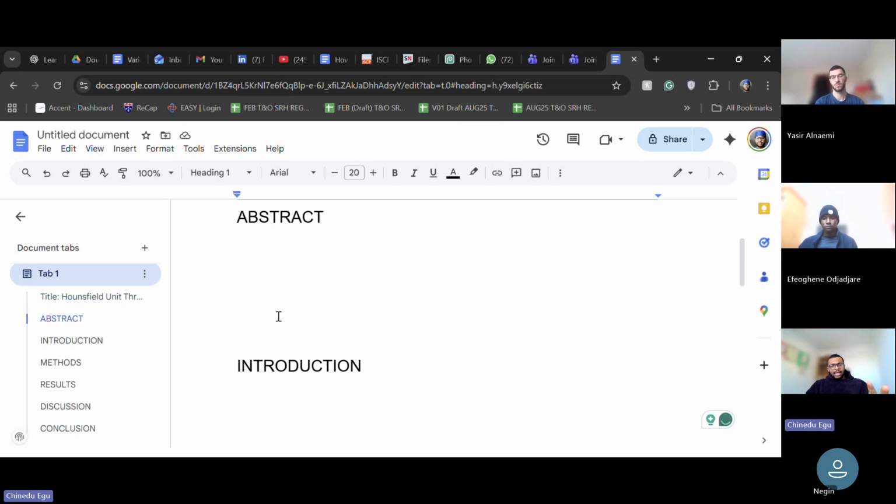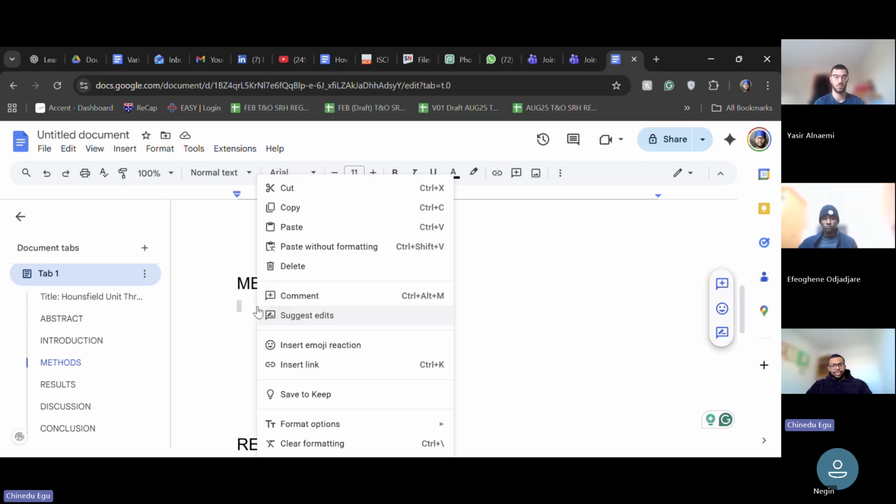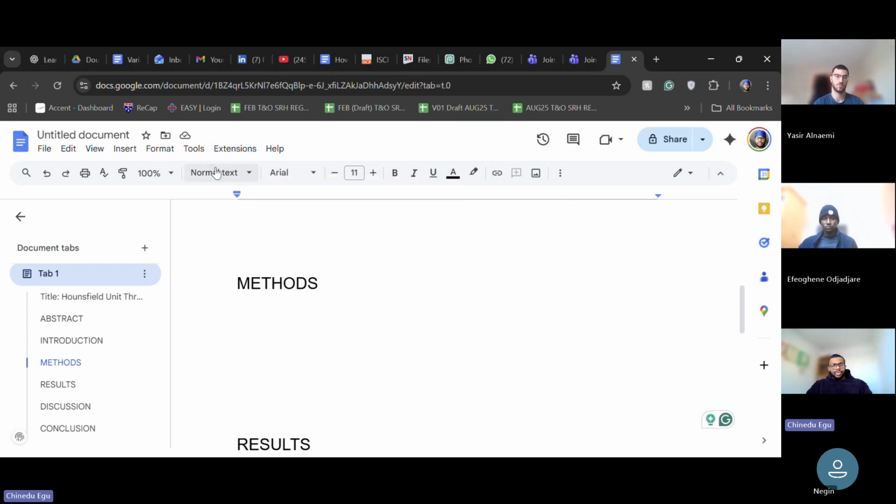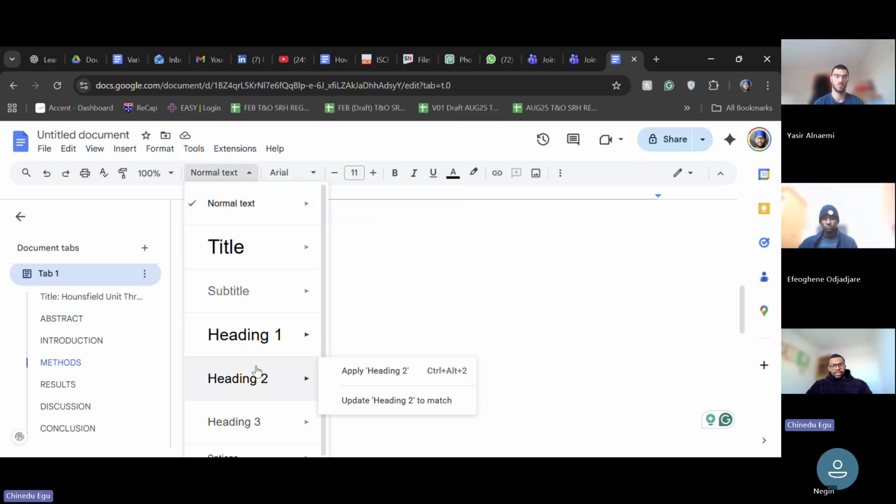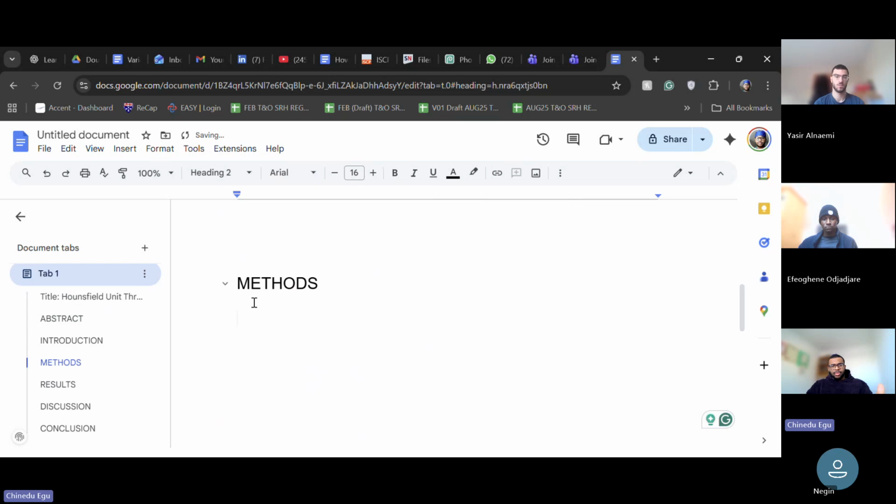Remember, I write the abstract last, so I don't come in here. I come to methodology. Under methodology, I could then go on to include the subsections. So let's say heading 2, because it's heading 1, something smaller.